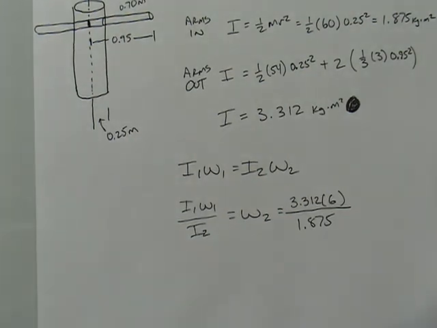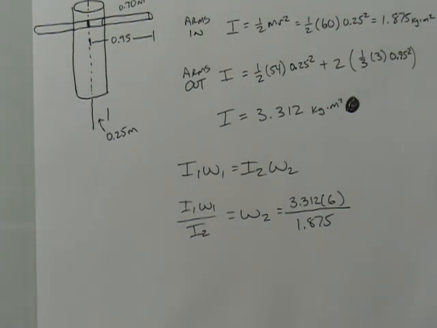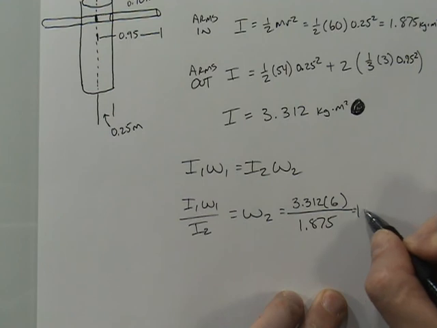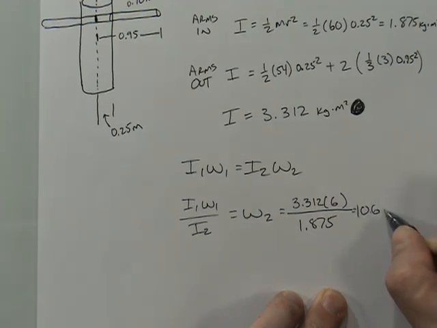So we'll go ahead and calculate that really quickly. And that comes out to be 10.6. And that would be radians per second.